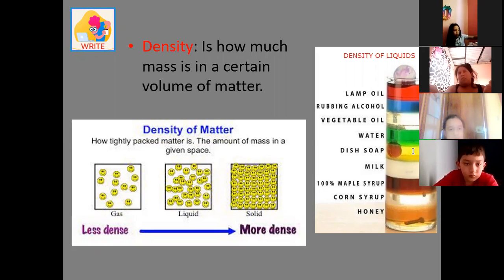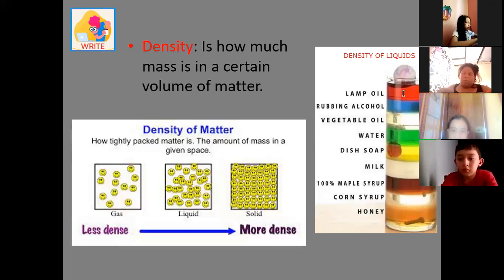It's a very nice experiment, but the difference in density of these liquids is very small. So combining them is very easy. You have to be very careful at the moment you pour the liquids in the container. Otherwise, they will combine. But it's a very useful experiment to explain the density of liquids.